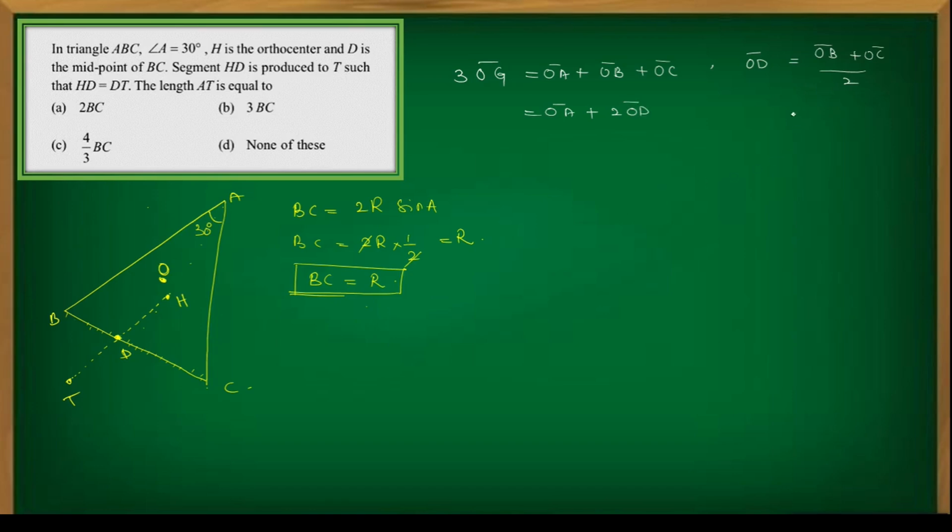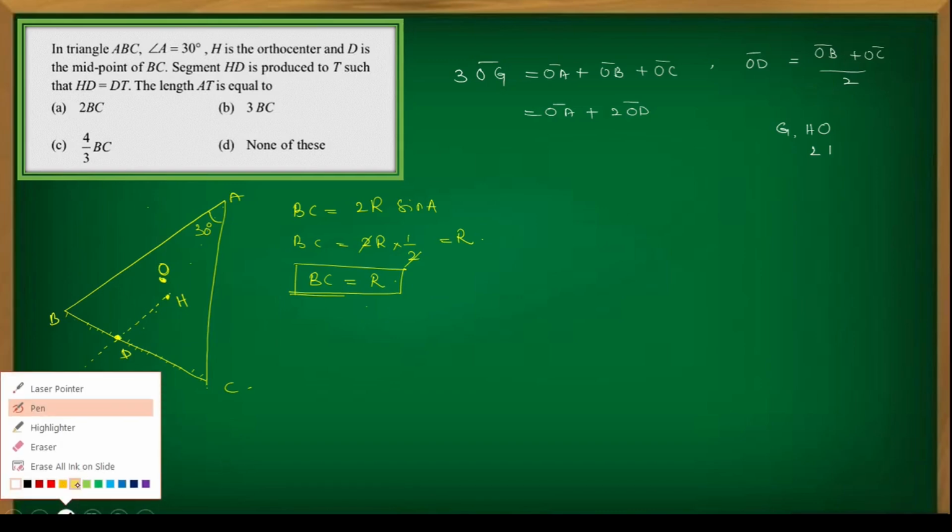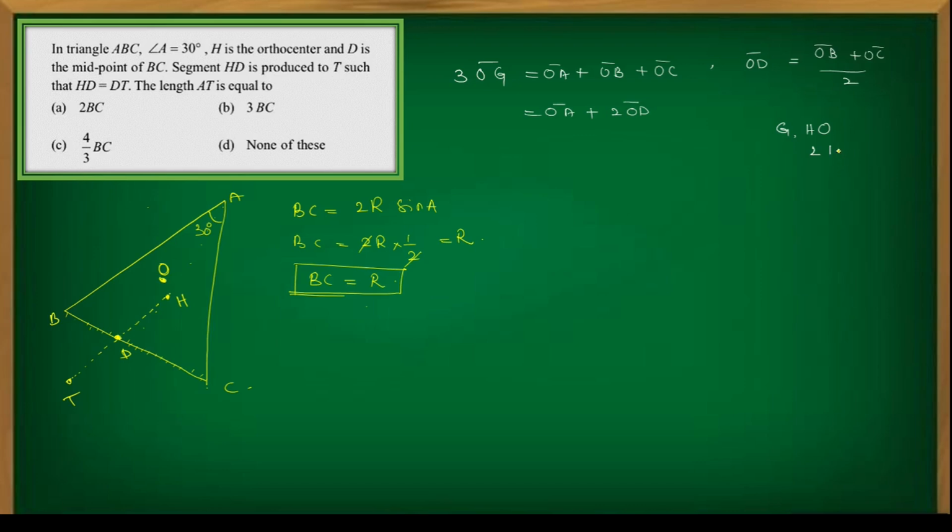Now, the centroid divides the line joining the orthocenter and circumcenter in the ratio 2:1. Just one more time, I'll write G divides HO in 2:1.